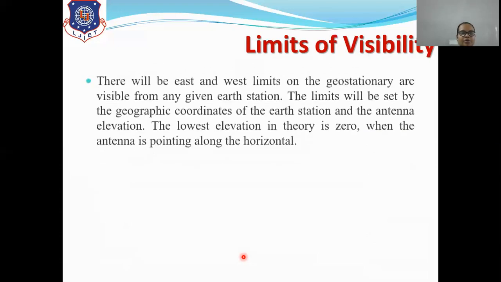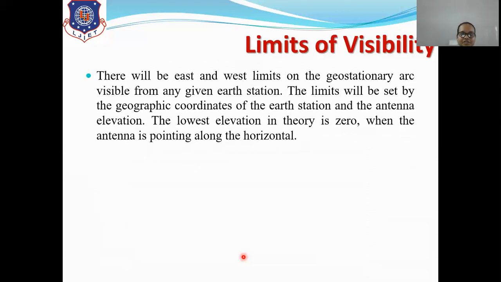Now, next, that is limits of visibility. First of all, what are the limits of visibility? As we are discussing the Earth geostationary orbit, there will be limits of visibility for the satellite from the center of Earth in the east and west direction.